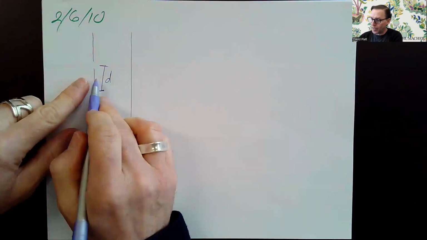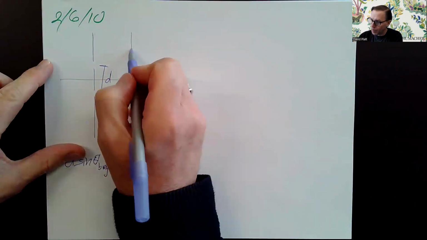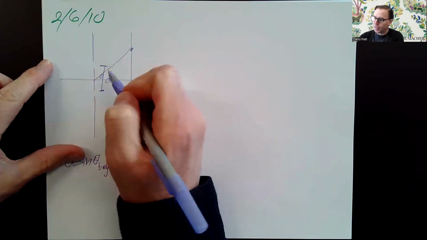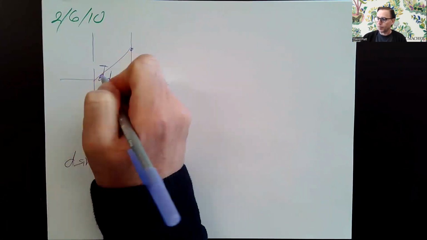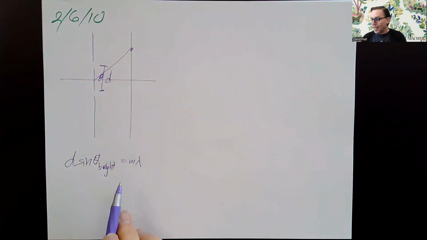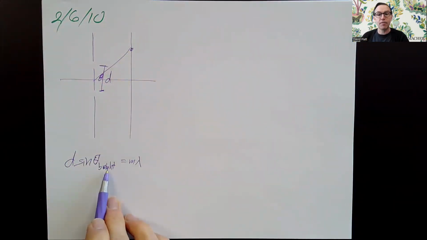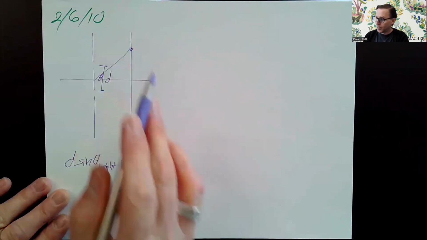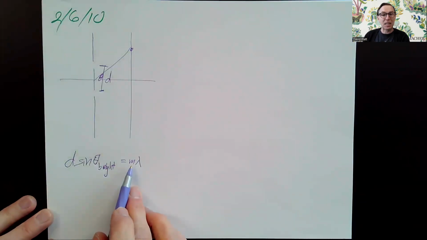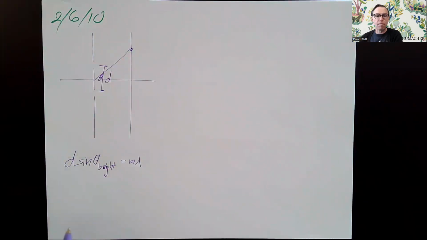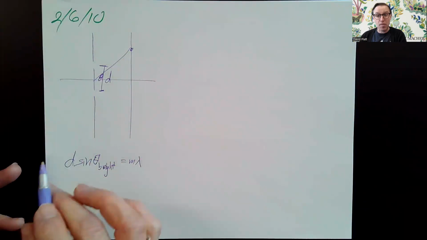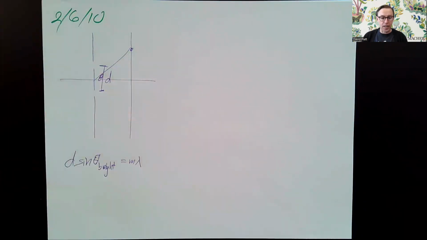And then the angle is the angle from straight across to the point we're talking about. That would be theta, right there. If I wanted the angle to give me not brightness, but darkness, I would replace m with m plus 1/2. All right, so that was the equation for Young's double slit experiment, or a double slit. And that is the primary way that we prove that light is a wave.